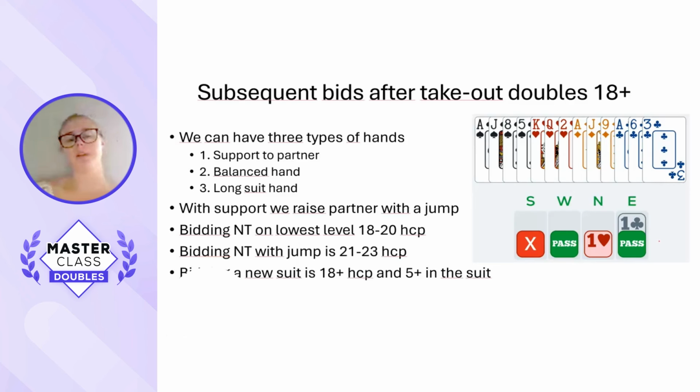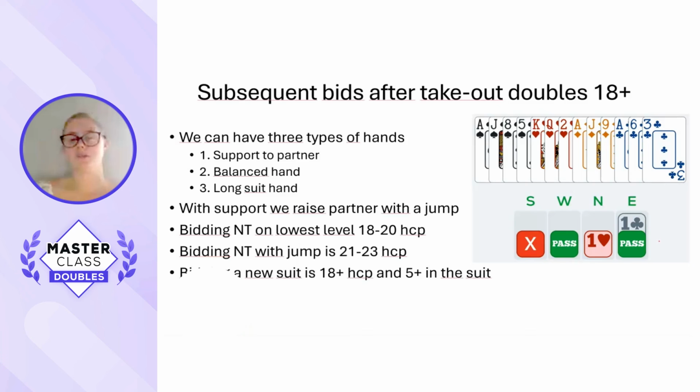And jumping will be 21 to 23 typically, or maybe 22 to 23. If we are even stronger, we typically just jump to game. So bidding no trump on the lowest level is a stronger hand than overcalling 1 no trump straight away. And we do still need to have a stopper in the suit, just as when we're overcalling 1 no trump.